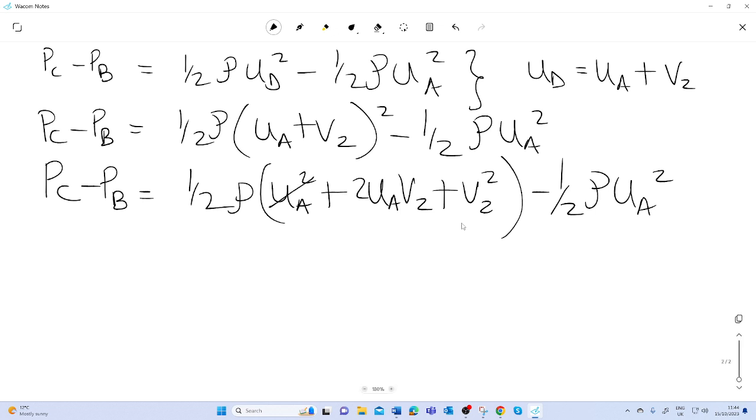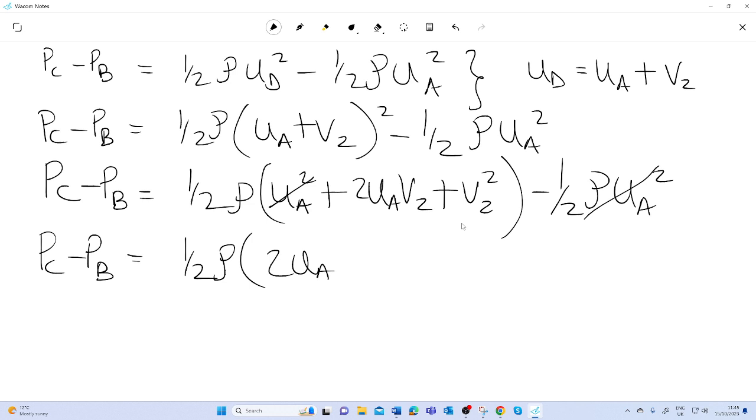And this goes out as they eliminate each other. So our PC minus PB equals half rho (2 UA V2 plus V2 squared).